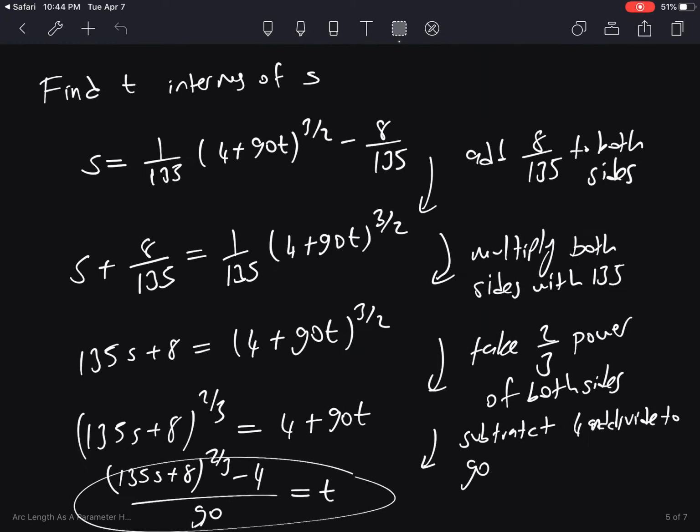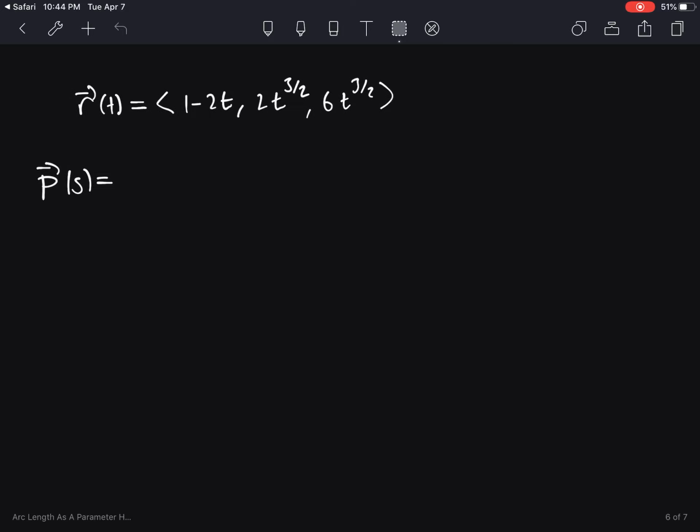Now we will replace this t with this expression given by s. Then p(s) is going to be 1 minus 2 times our expression, which is 135s plus 8 to the 2 over 3, minus 4, divided by 90.